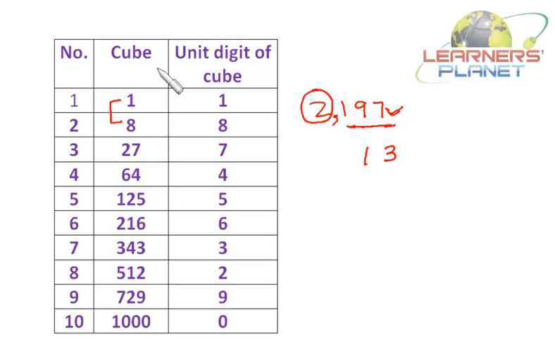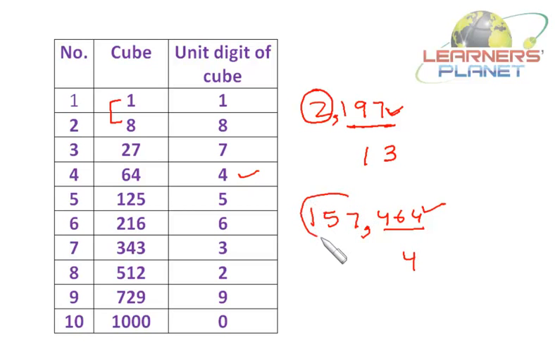Now let's take one more number. It's 157464. Now we have to make the sets. It's 464 and 157. Now the unit digit of this number is 4, so the unit digit of the cube root will also be 4.